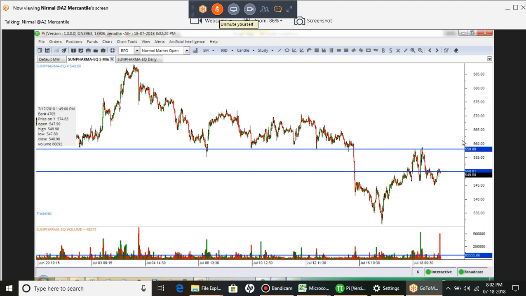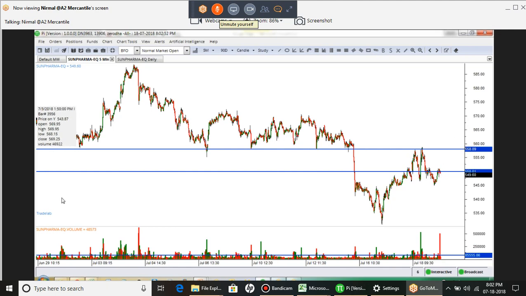When you hedge this level, if it reverses back at 560, you will close your position. Whatever loss has happened, 5 rupees, 6 rupees, whatever has gone. Because see, the lot size is same, right? There's no difference in the lot size, whether you trade in options or you trade in futures. Now, say you made a loss of 10 rupees in one lot in Sun Pharma.